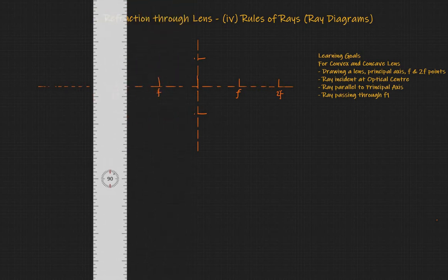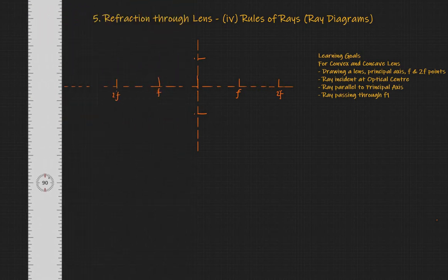All right, so once we do that, we can use this to draw our lens as thin as possible. So this is step 1 of drawing ray diagrams. You draw the principal axis, you mark your focus and 2F, approximately the same distance, and then we are ready to draw our ray diagrams.